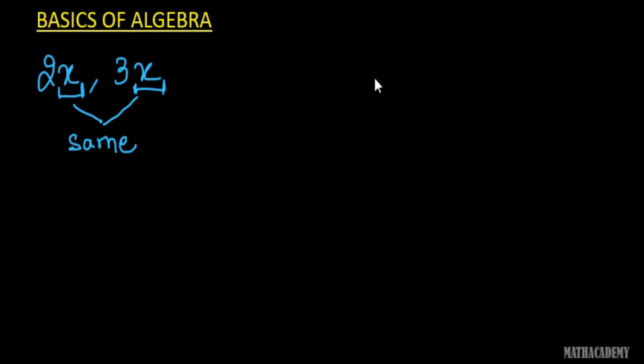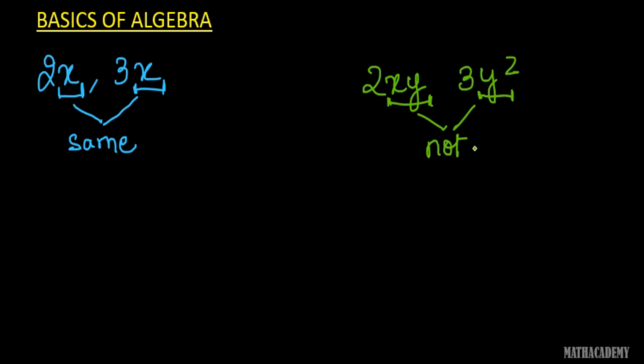Now what are like terms and unlike terms? Suppose we take two terms as 2x and 3x. What do we see here? What is the variable part of 2x? The variable part of 2x is x and the variable part of 3x is x. In both these terms the variable part is the same. On the other hand, if we take an example, say 2xy and 3y square, the variable part here is xy and the variable part here is y square, and these are not the same.